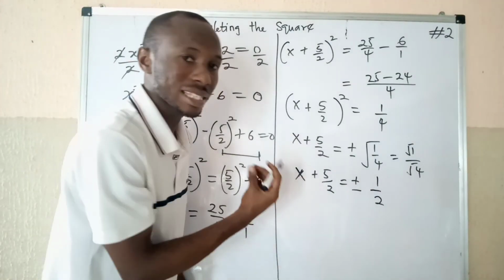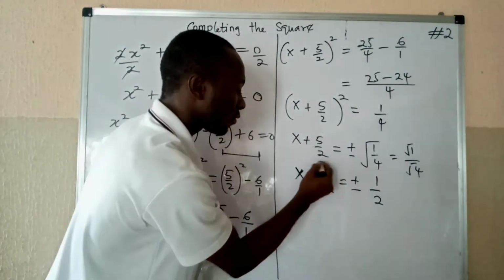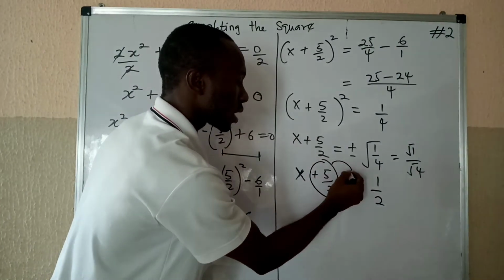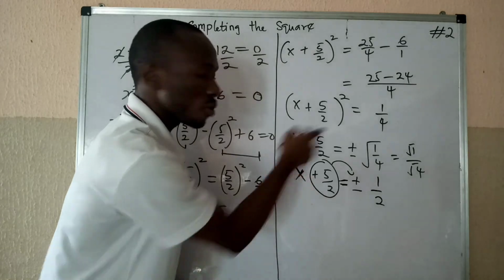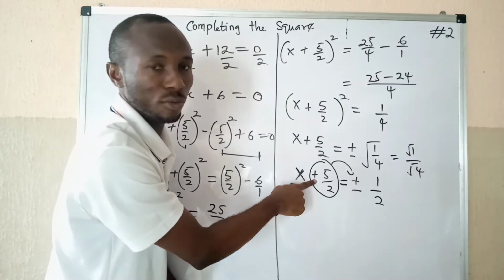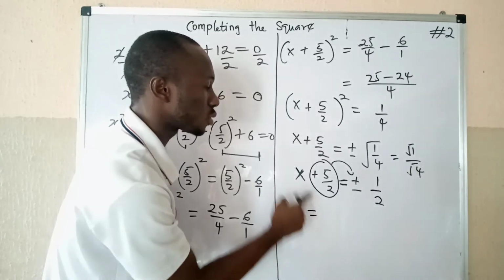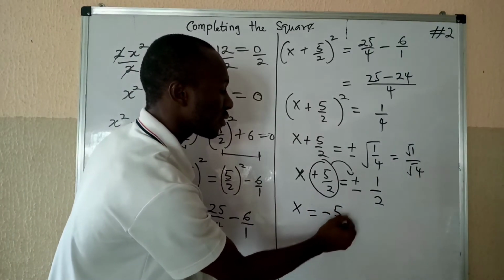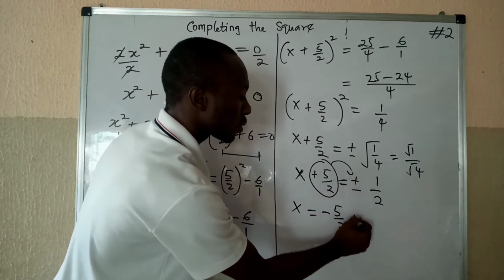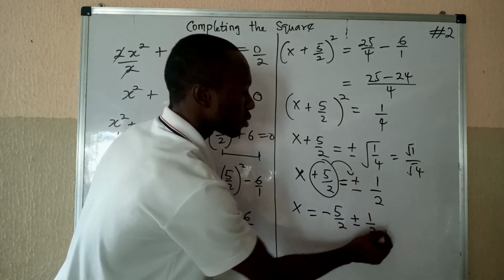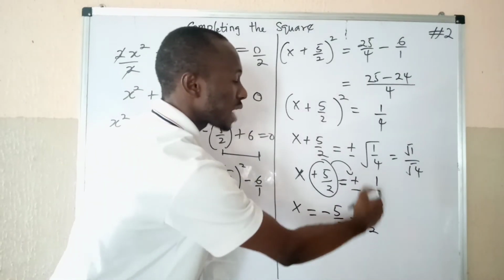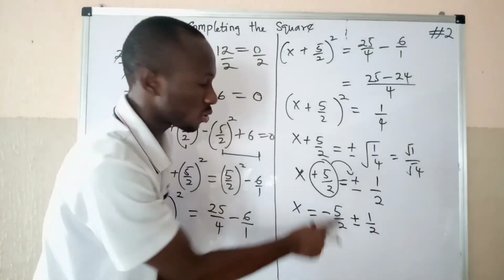We will collect like terms. So this 5 over 2 will go to the other side of the equation, and when it's moving over, the sign will change from positive to negative. So we have x is equal to negative 5 over 2, then plus or minus 1 over 2. The sign of this one will not change because it's not moving across the equality sign.